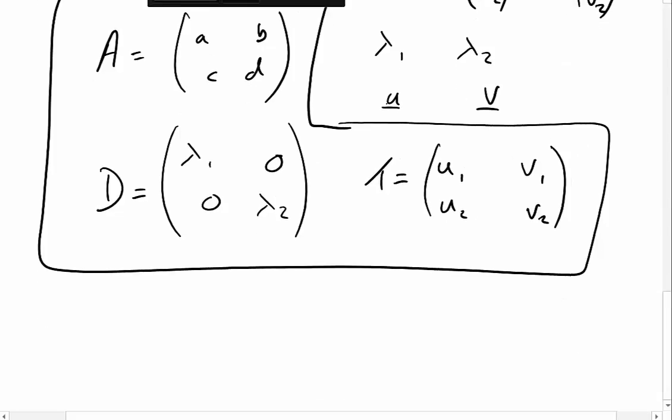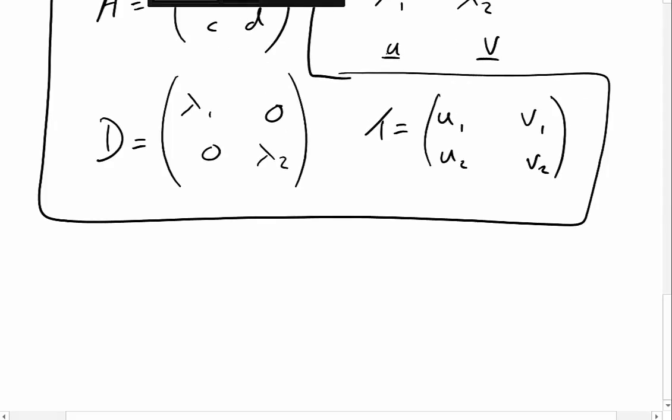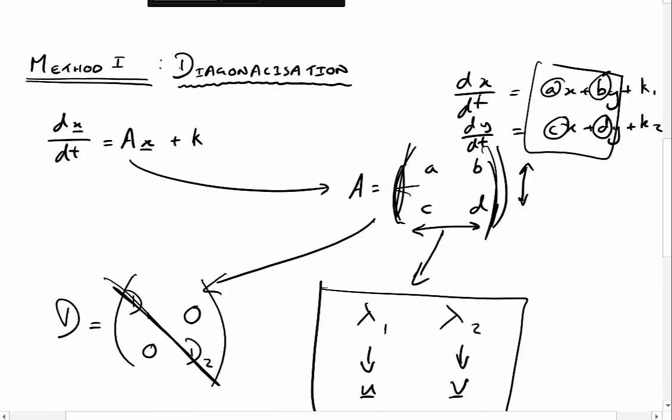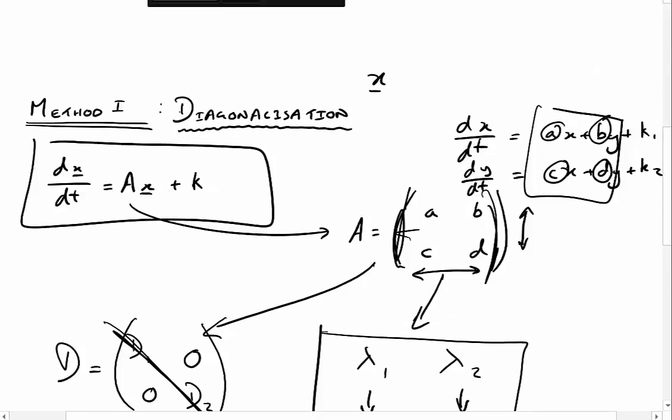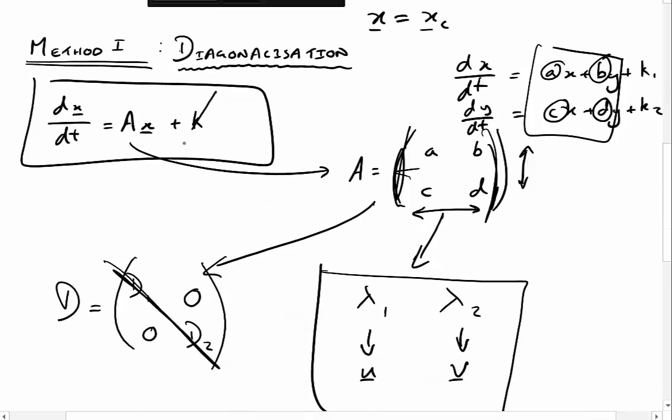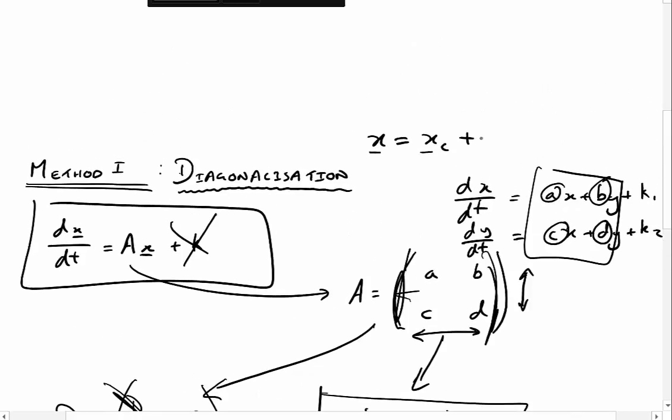So essentially, remember what I'm trying to do? I'm trying to find a solution to my homogeneous system. If you've watched my video beforehand, the solution would be x equals my complementary solution, the solution to my homogeneous case, with no k, plus a particular solution, which is based on a guess of what my k looks like.